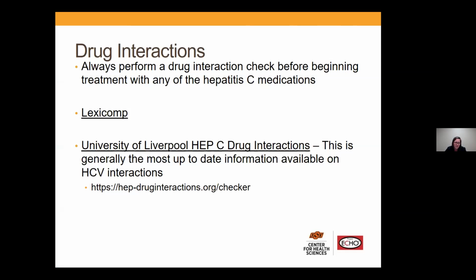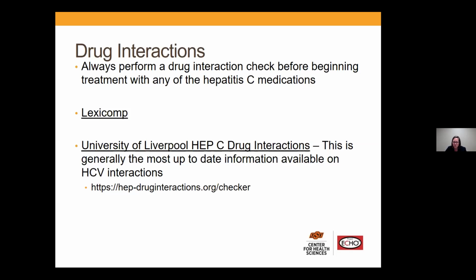And I really like it because it specifically looks at interactions between the hepatitis C medications and their list. It doesn't do an interaction check between the non-hepatitis C medications, if that makes sense. So if a patient's on 20 medications and you put them into a regular drug interaction checker, not only are you going to see potential interactions with the hepatitis C medications, but you're going to have to filter through all the ones between their heart failure medicine and their hypertension medicine and stomach medicines and all those things.